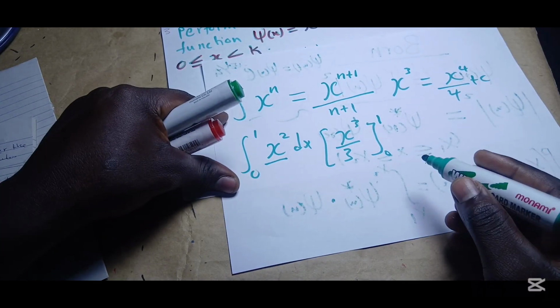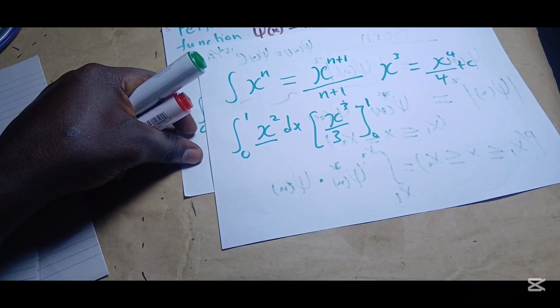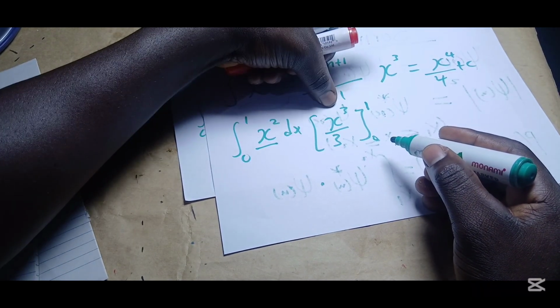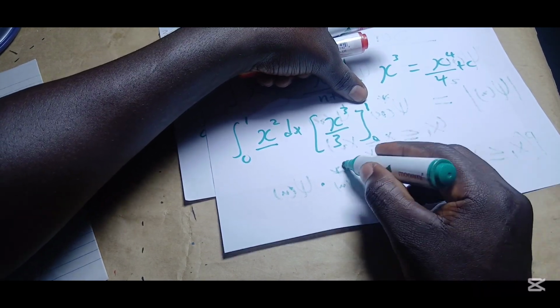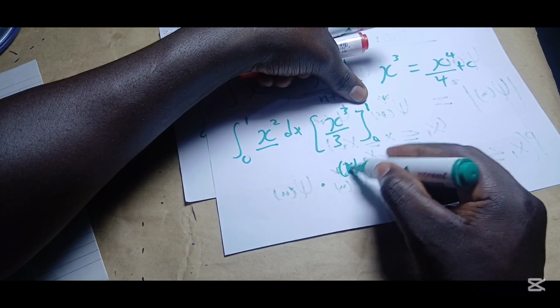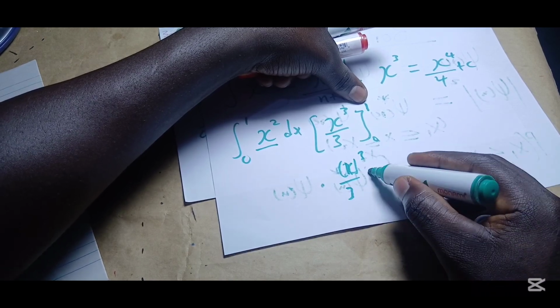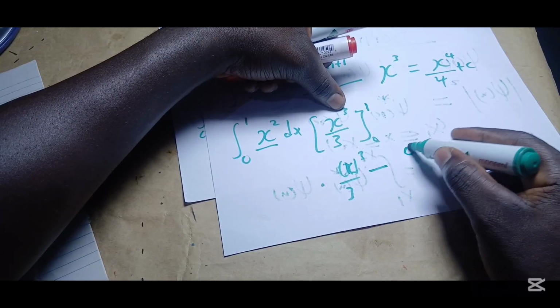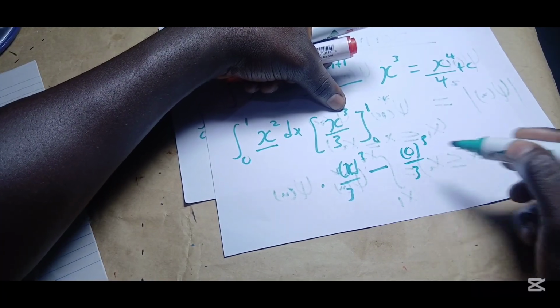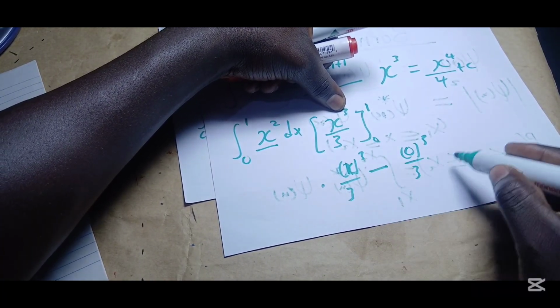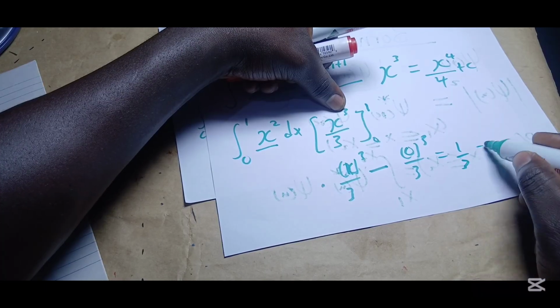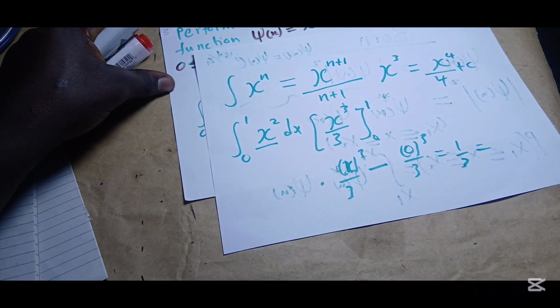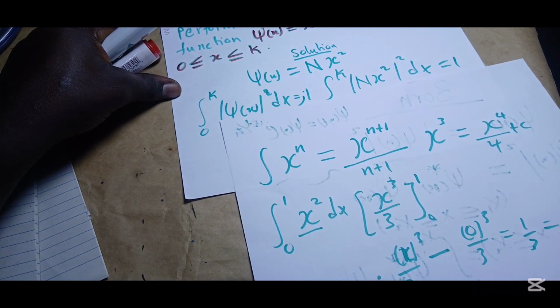Doing so, wherever I see x, I put 1 there. So 1 to the power 3 over 3, then minus, wherever I see x, I put 0 there, so 0 to the power 3 over 3. Simplifying this whole thing gives me 1 over 3. So that is how integration is done. So let's proceed.